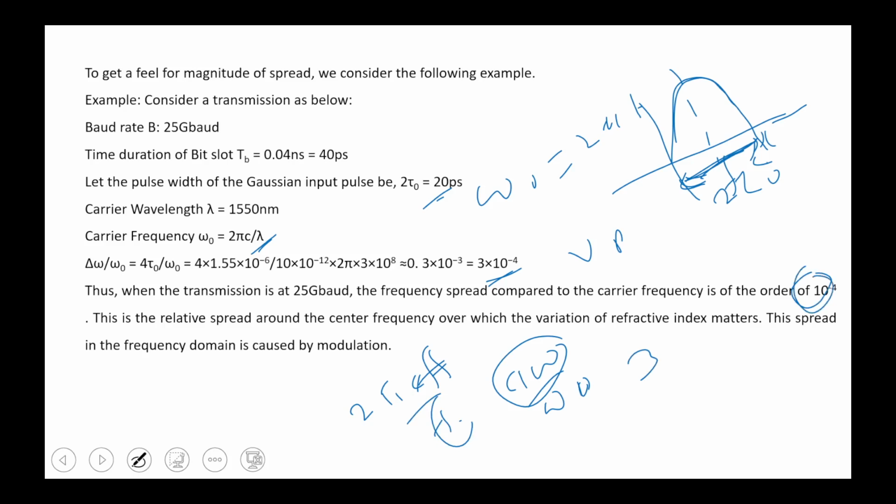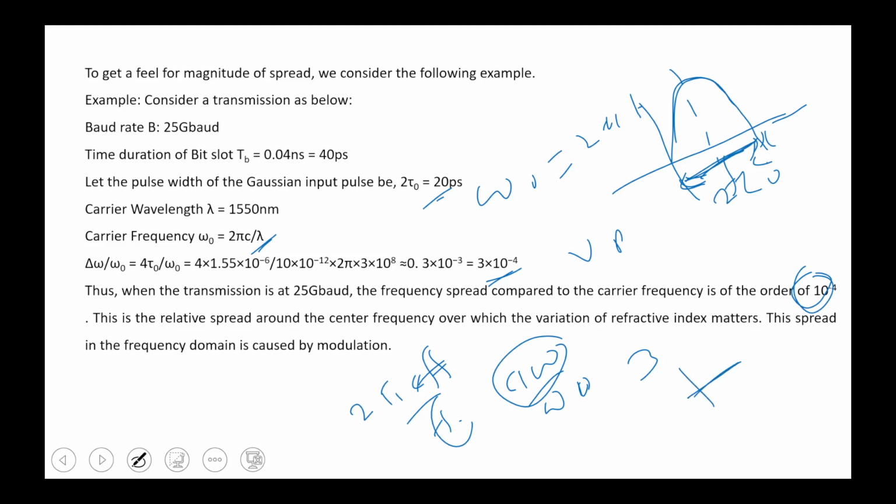Due to spreading or dispersion, the order changes to 10 to the power minus 4. This is the relative spread around the center frequency, caused by the variation of the refractive index of the material. So the change due to refractive index is the material dispersion.